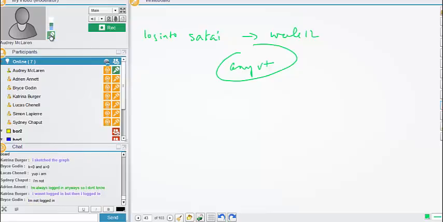Just trying to figure out why it's working for some people and not for others. And you're not, Brace. Okay, so it's inconsistent.